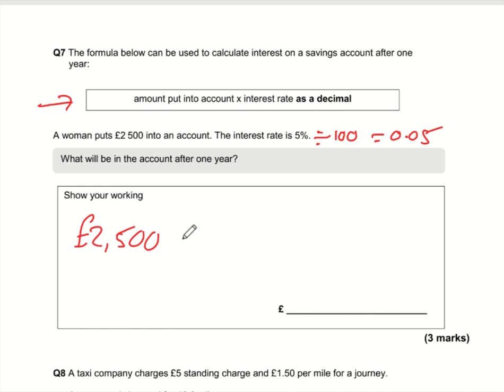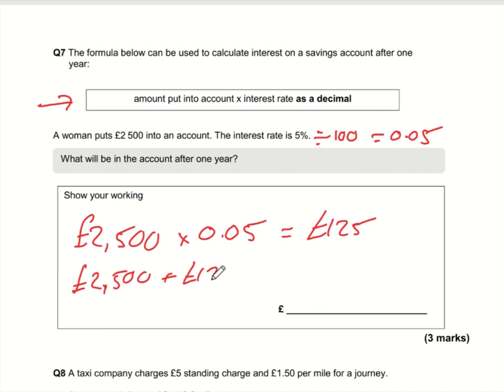So 2,500 multiplied by 0.05, that is how to work out 5% of an amount, and 2,500 multiplied by 0.05 is £125. So this is the amount of interest, so all we need to do is add that on. So 2,500 plus 125, so that is £2,625.